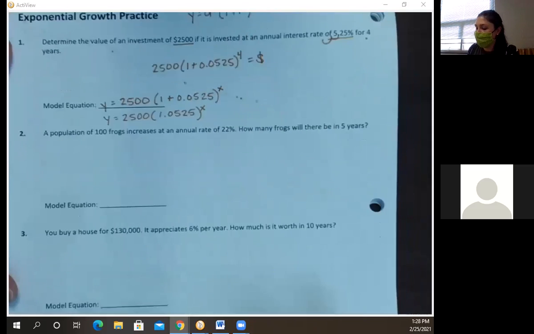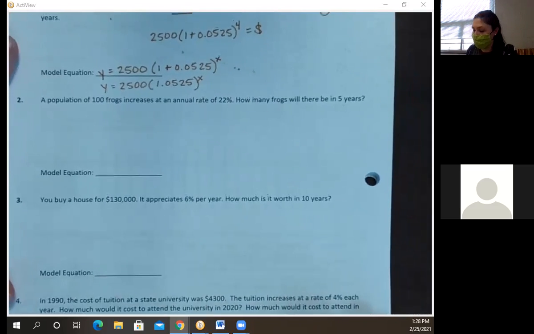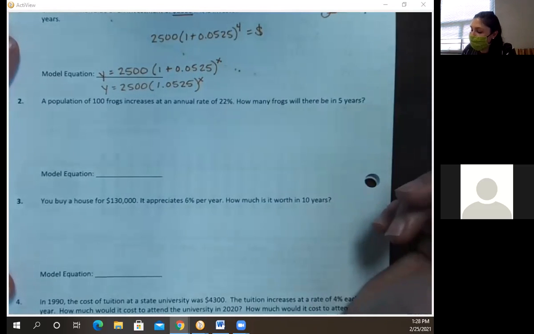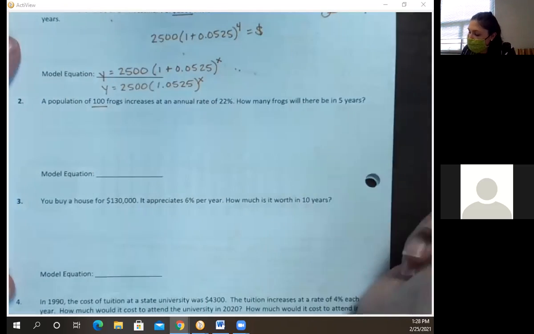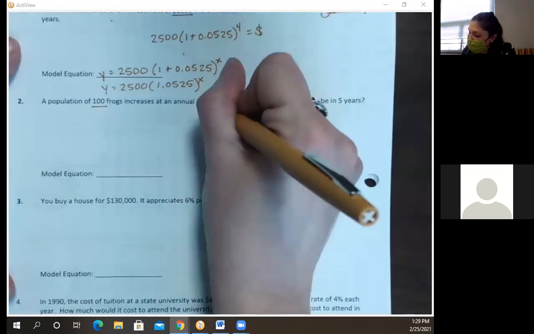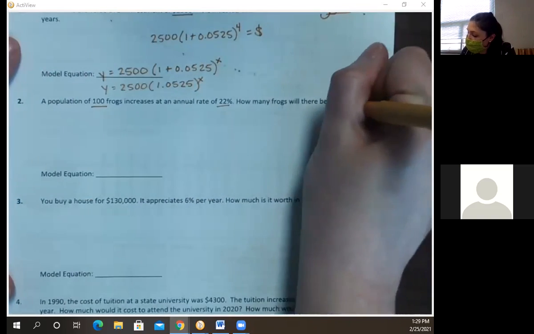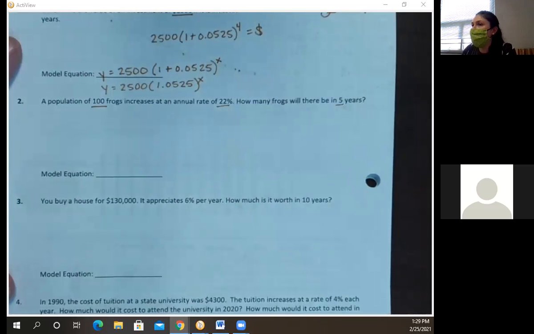Okay, and then let's talk through the setup of number 2 as well. Number 2 says we have a population of 100 frogs and it's increasing at an annual rate of 22%. We want to know how many frogs there will be in 5 years. I'm going to help you with the equation on the second one.